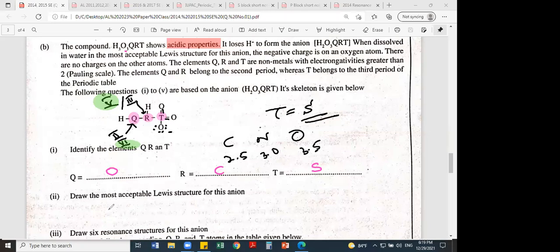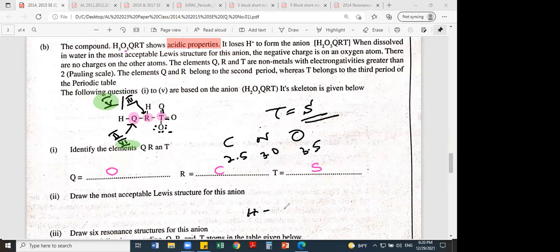C, H. If you draw here H, H, O, C, again here H, T. Draw this side.